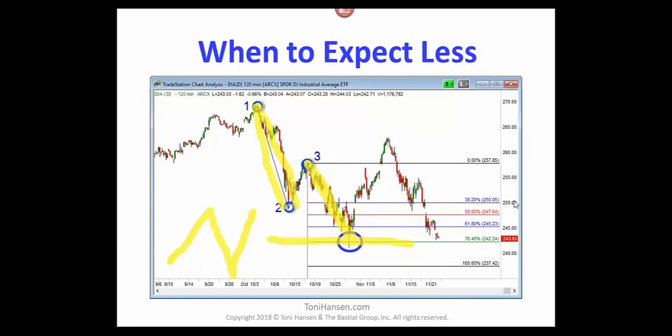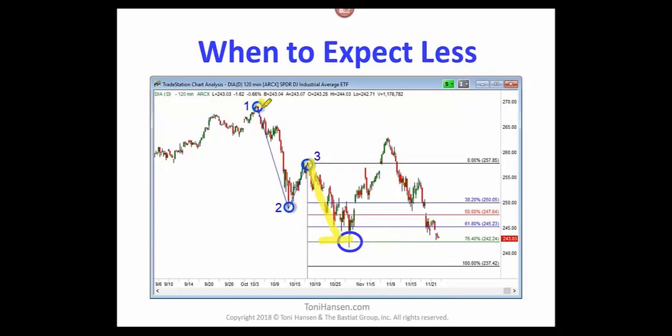But in general, if the continuation still has average momentum, you can still look for 76.4 and expect that a good 90% of the time or more, it's going to hit that absolute 76.4% level.